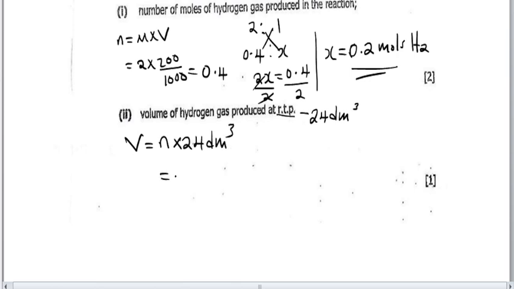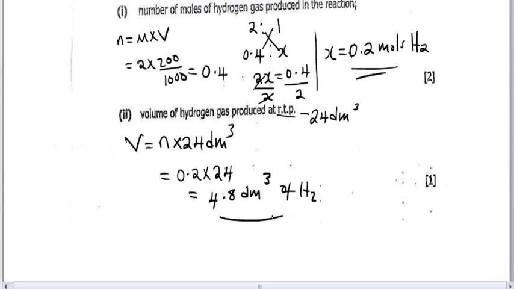The number of moles that we found for hydrogen was 0.2, times 24, we get 4.8 cubic decimeters of hydrogen. So we have found the volume of hydrogen.